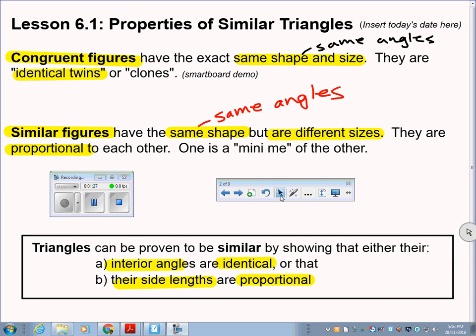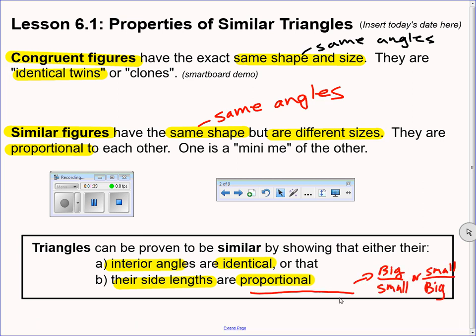When you hear side lengths, you should be thinking about ratios. We're comparing the sides of the big triangle to the small triangle, or the small triangle over the big triangle, as a fraction. And what we'll see is that all of the corresponding sides, their ratios, end up being the same. Let's take a look at that right now.